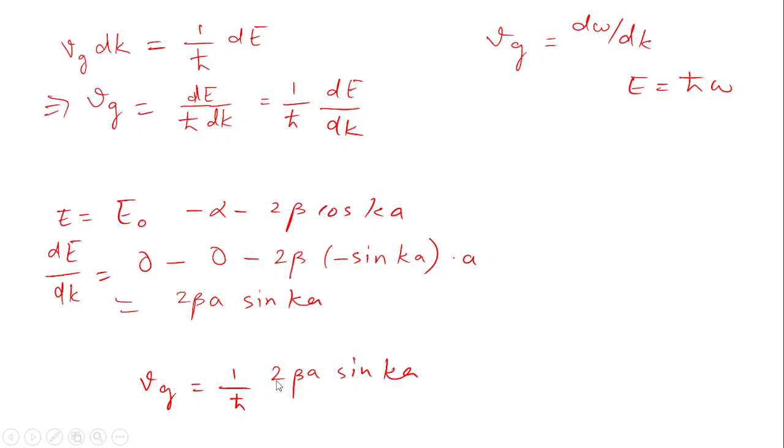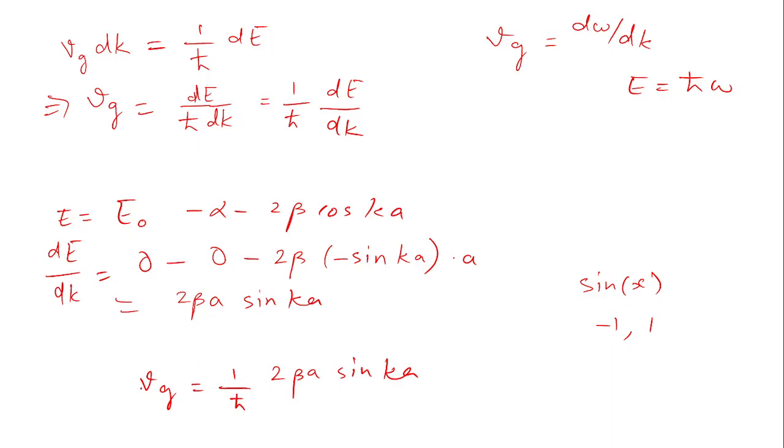Since h bar, 2 beta a, these all things are constants, so we cannot do anything about that. But sine expression, we know the sine function goes from -1 to +1, everything in between. The least value it can have is -1, in between 0 also comes, but the maximum value it can have is 1.